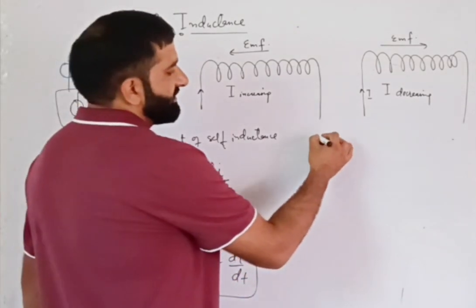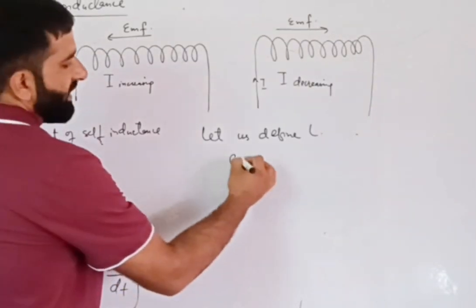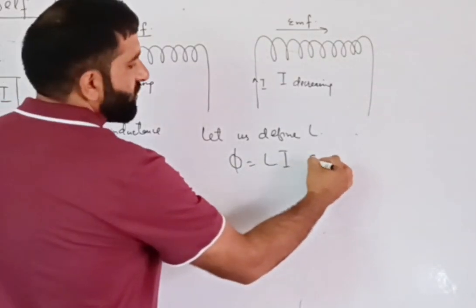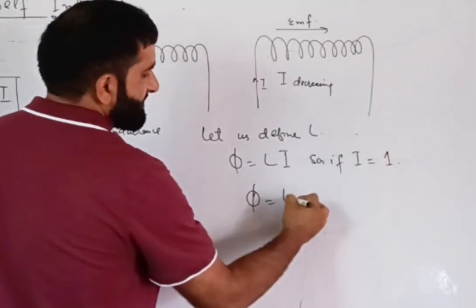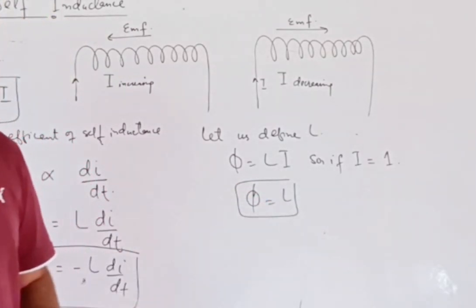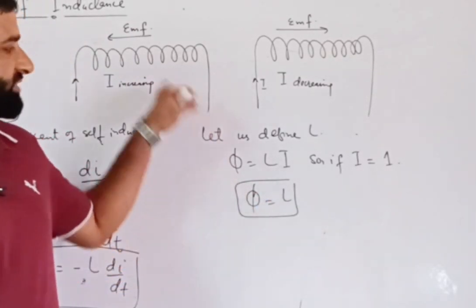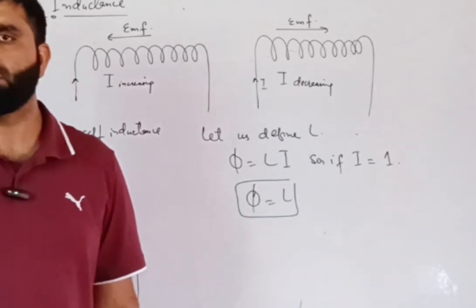Now let us define L. We know that from this equation phi is equal to LI. So if I is equal to 1, phi is equal to L. So the coefficient of self-inductance is numerically equal to the flux produced in the coil when the current flowing through that coil is equal to 1 ampere or 1 unit.